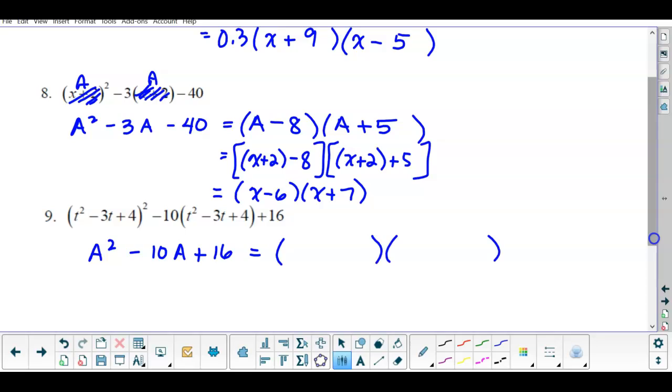and then replace a with this whole bracket, just to accentuate the fact that it's the whole bracket. Doesn't matter, you can use whatever you want.